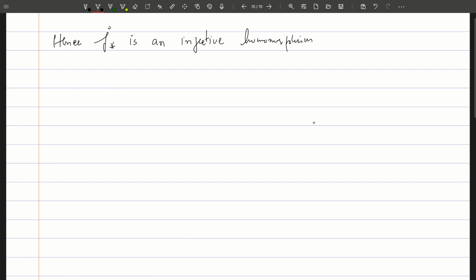This is trivial. Now to prove surjectivity of J star, we proceed as follows.